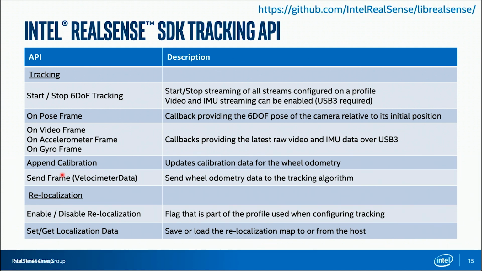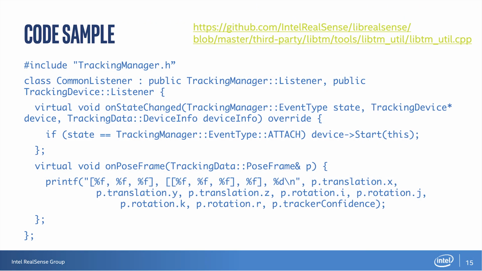And please go to GitHub. You will see all of this there. You can see the API and examples on the usage. And here's a minimal example. You can see it only takes a few lines of code to get pose information from the device.